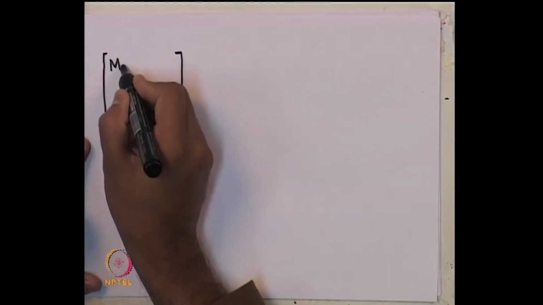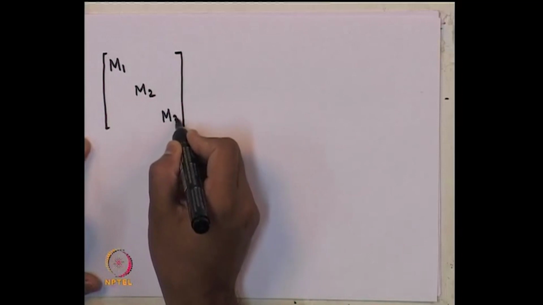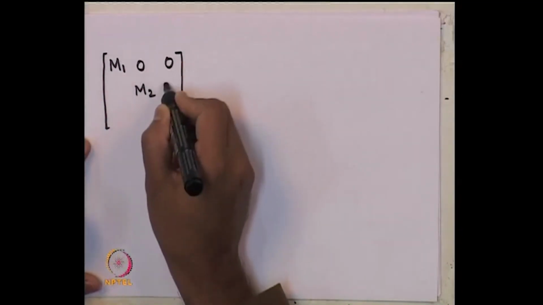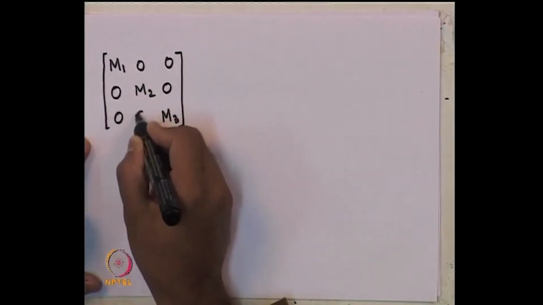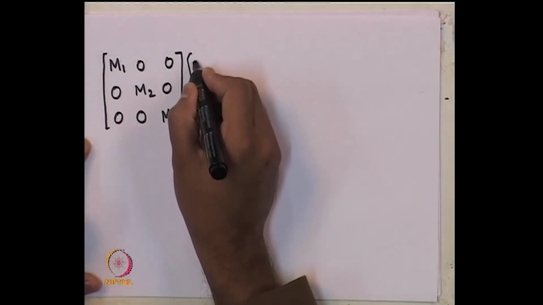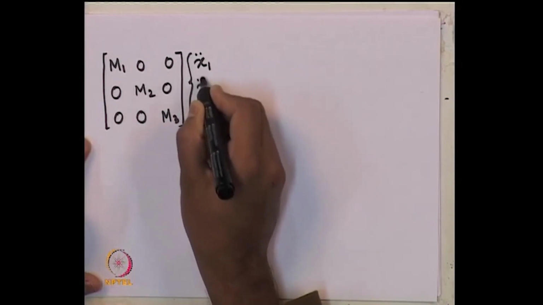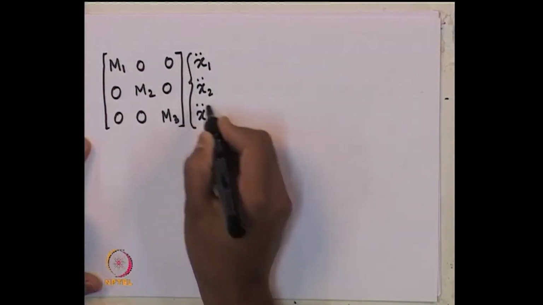I have the mass matrix with M1, M2, M3 on the diagonal and zeros elsewhere. With this, the vector is the acceleration vector x1 double dot, x2 double dot, x3 double dot.